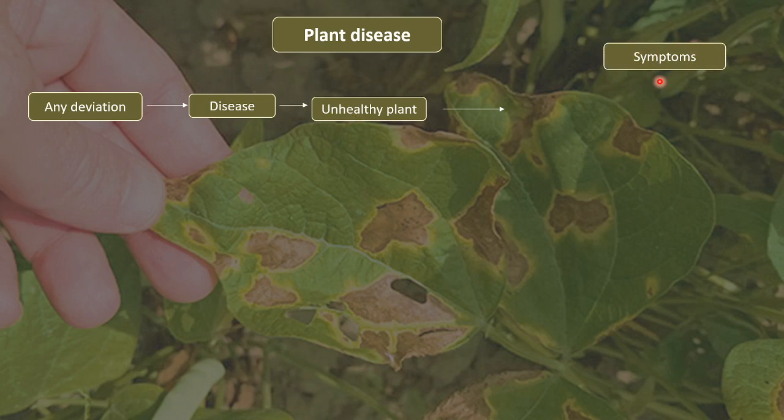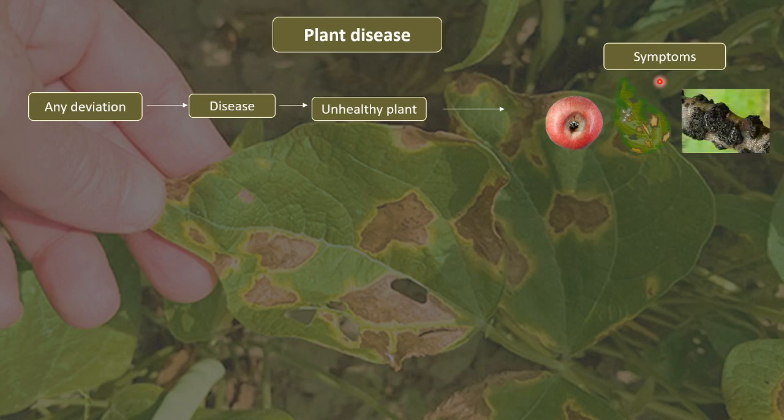These symptoms can be seen in the fruits, in the leaves, over the stem or the bark or any part of the plant separately, or sometimes over the entire part of the plant. So when symptoms start appearing, that means the plant is trying to convey that there is some problem inside.